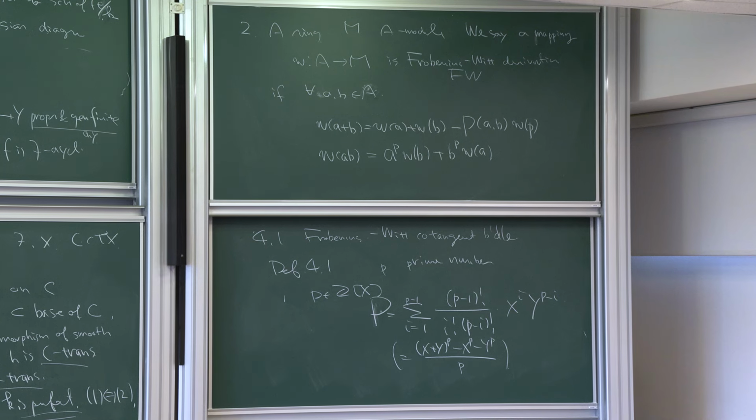Now, F omega A. This is the module of Frobenius Witt differentials.